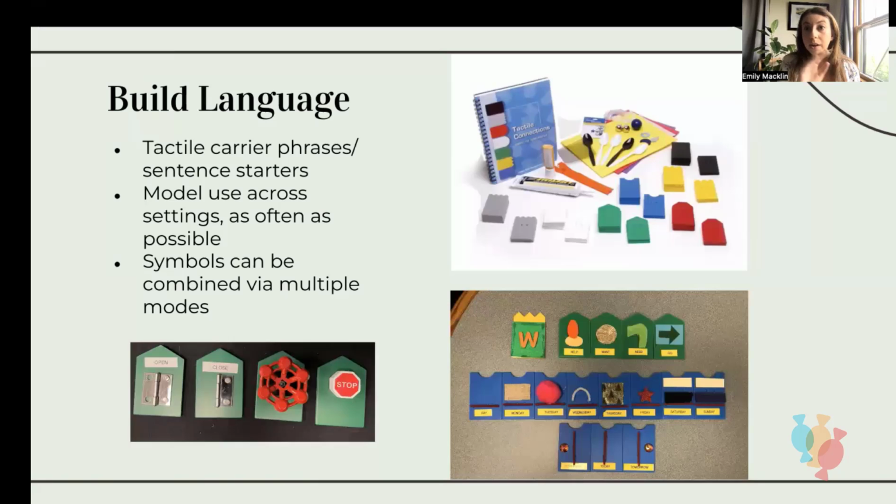Pairing want with their selection over and over, not necessarily requiring them to select want with their selection, but pairing it. So maybe you offer want and then help them put their selection next to want. Really good opportunity for exposure to the word want and the concept of want, which would lead later on to really functional gains with their communication skills.